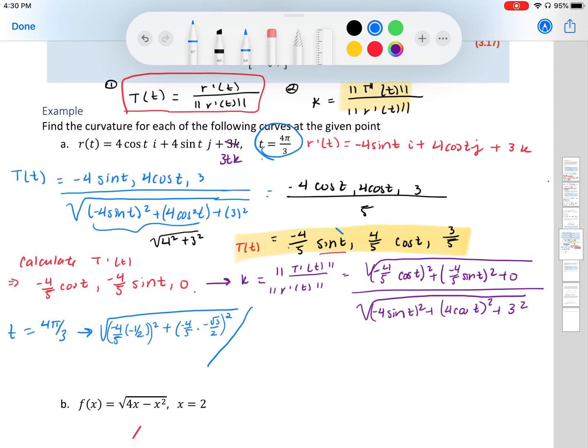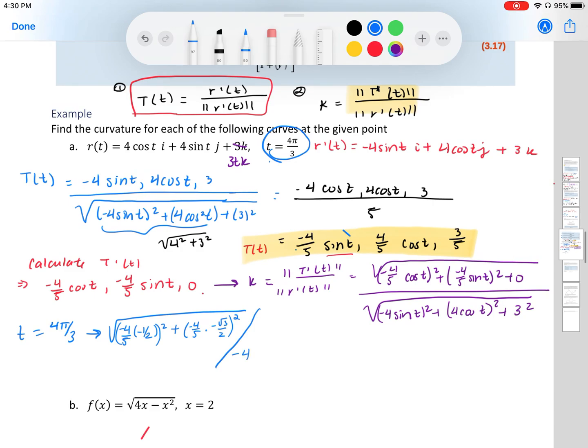And in my denominator, I'm left with negative 4 times negative square root of 3 over 2, squared, plus 4 times cosine at 4 pi over 3, which is negative 1/2, times negative 1/2, squared, plus 9.